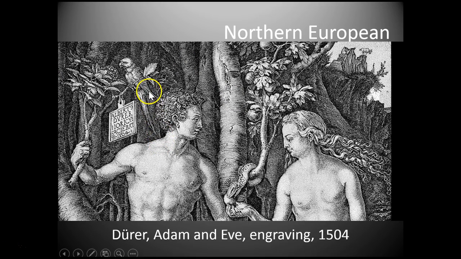Another important feature of this work is this tag, or place card, that's hanging off the tree branch that Adam holds, and it's inscribed with the words, Albert Dürer of Nuremberg, made this in 1504. This is supposed to represent the tree of life. Actually, I'm sorry, this branch is part of a huge tree that is the tree of life.